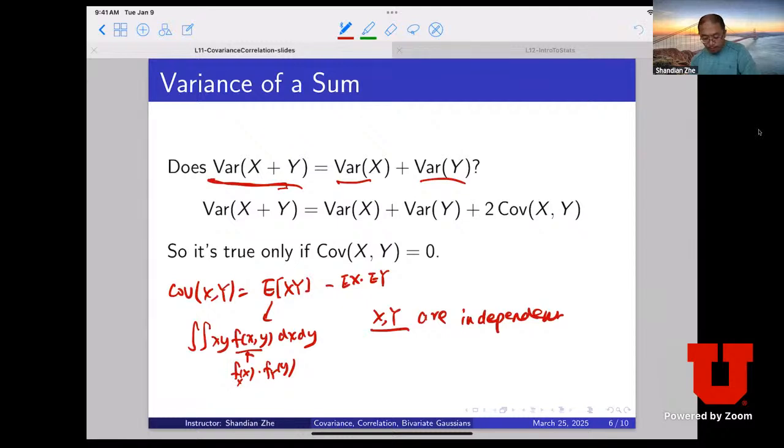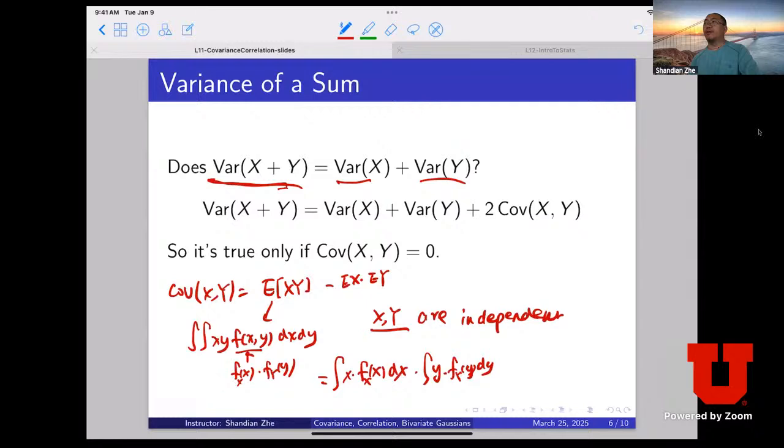If we have this, that means our integration can be immediately decomposed. So we can do x times the marginal density of x along x, and y times the marginal density of y along y.